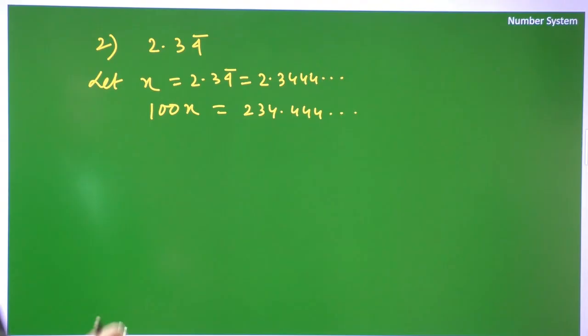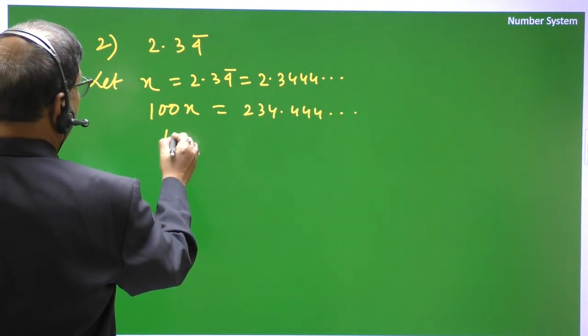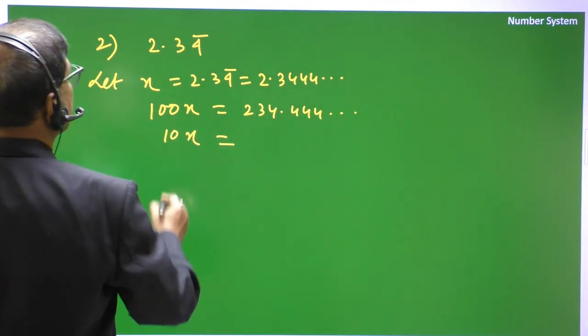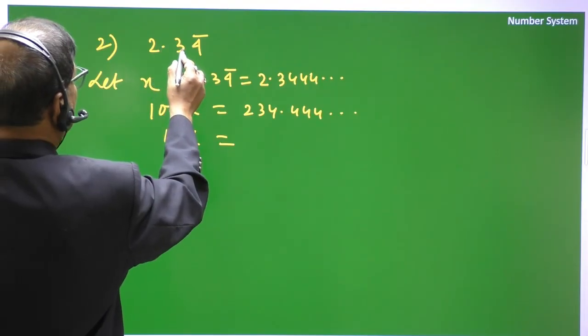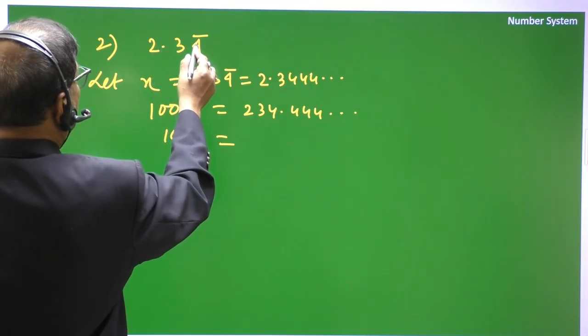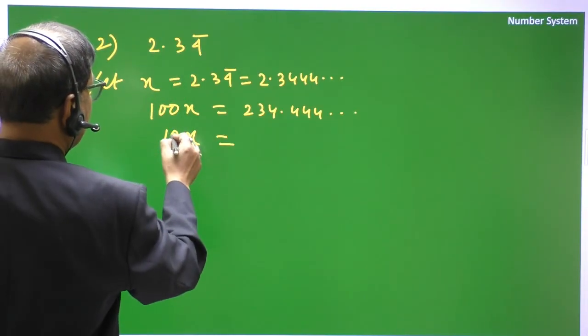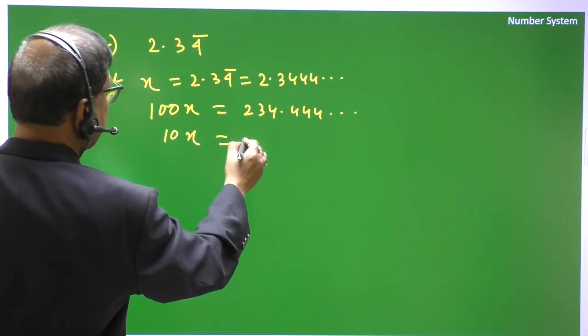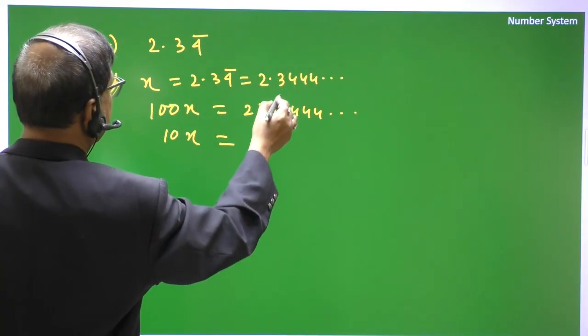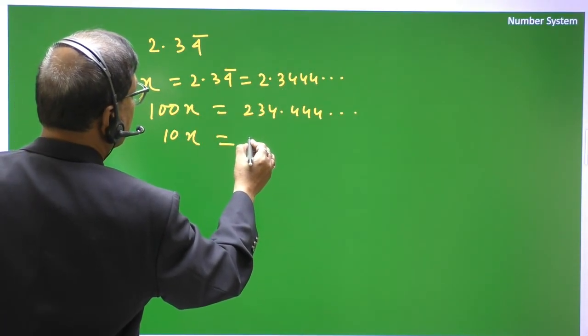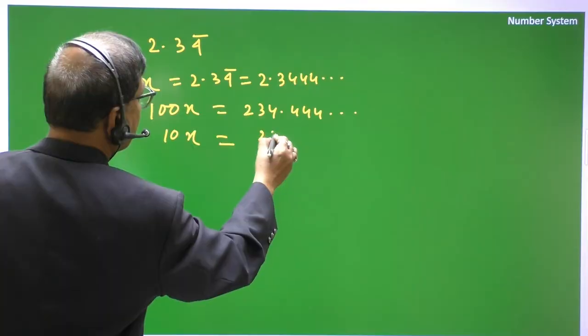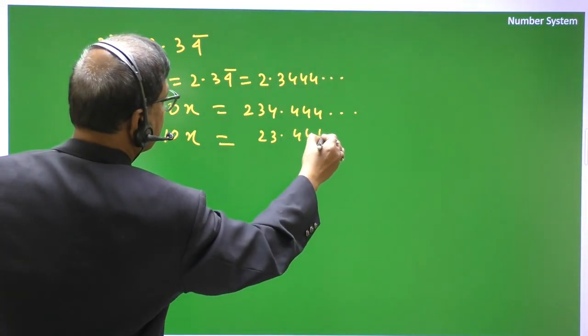Now multiply by 10. Why 10? Because after the decimal point, non-recurring how many digits? 1 digit. So that's why 10, and multiplying by 10, we are getting 23.444.